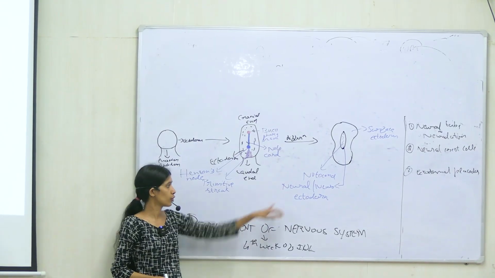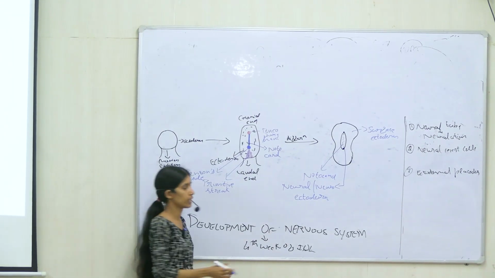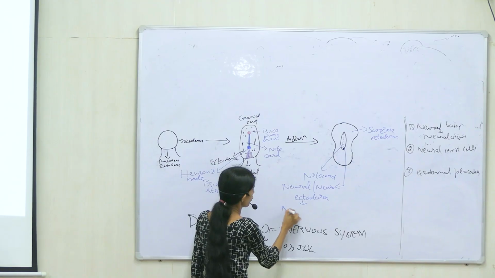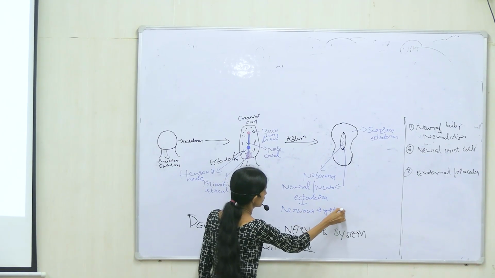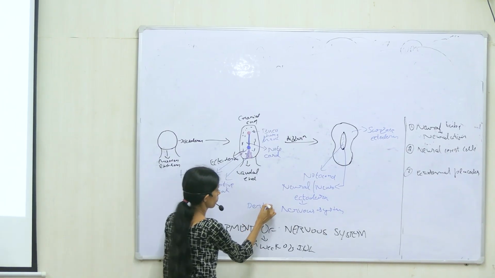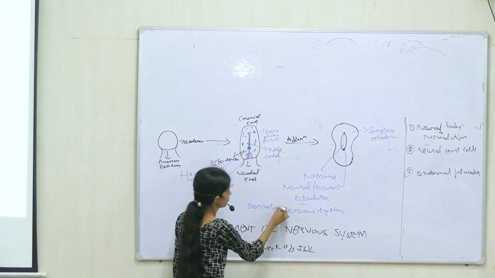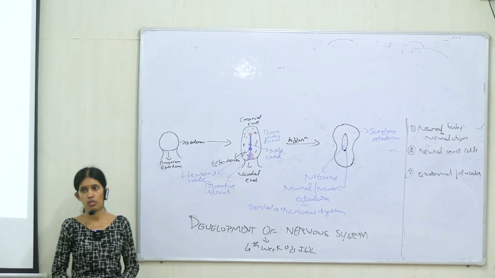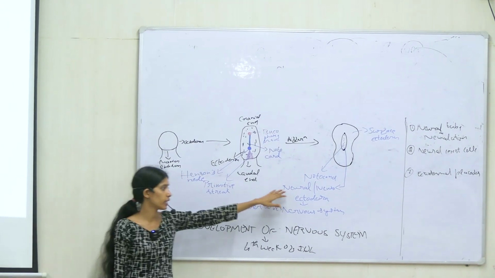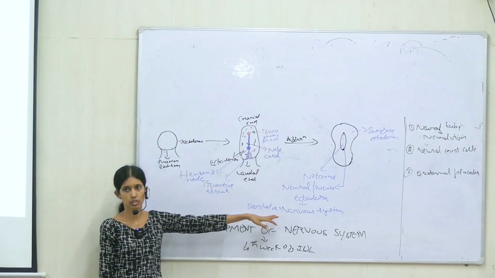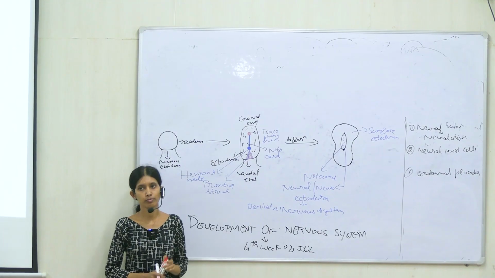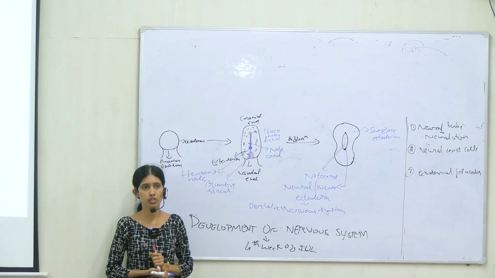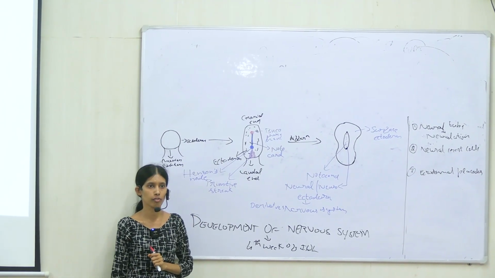From this neural ectoderm, your entire nervous system is going to develop. It is the derivative. So the derivative of your neural ectoderm is the nervous system. What are the derivatives of surface ectoderm?